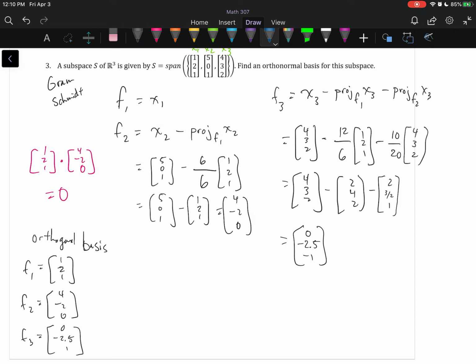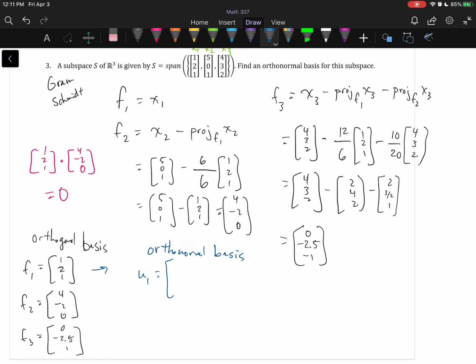To make these into an orthonormal basis, we have to normalize all of these. So I'm going to say f1 becomes, let's call it u1 for unit vector. And then we'd have to divide by the magnitude. In this case, the magnitude was the square root of 6, right?